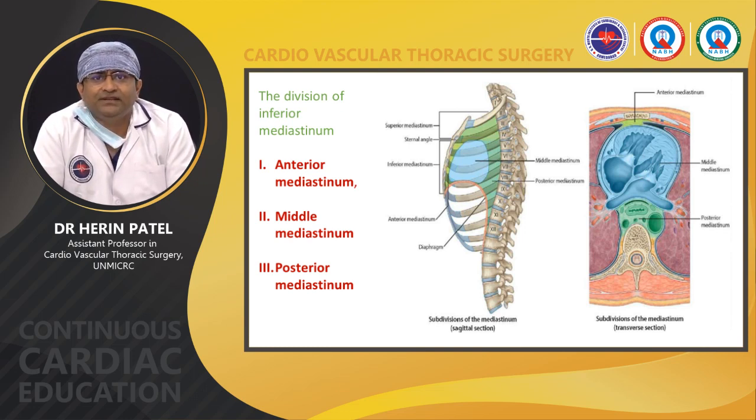The posterior mediastinum is the lengthiest and narrowest part of the inferior mediastinum, which contains the descending thoracic aorta, the esophagus, the azygos system, the azygos and hemiazygos, the bifurcation of the trachea and the bronchi, the vertebral bodies from the 4th to 12th, and the nerves, sympathetic, parasympathetic and the splanchnic nerves, which are located in the posterior mediastinum.